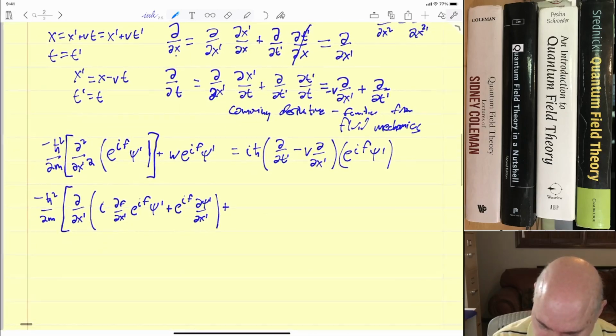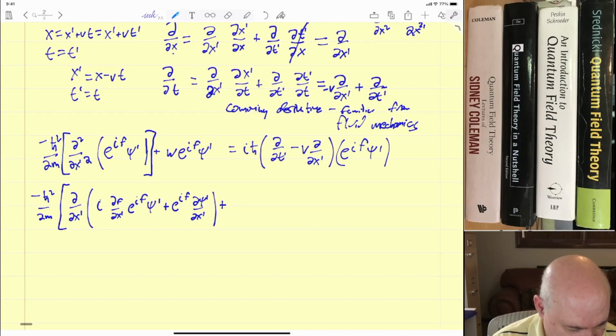Okay. So here I have plus w prime psi prime, which is just e to the i f psi. And now, this is the left-hand side. This is equal to i h bar. And now I'm going to apply the partial t prime first to the exponential term.